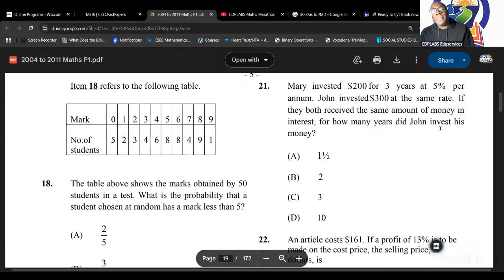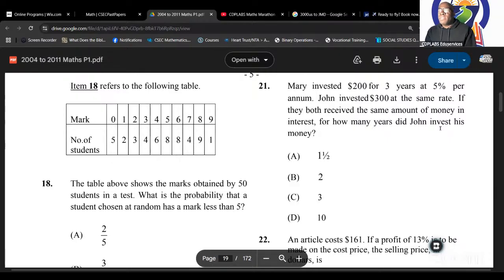You're working it out, right? Yes, sir. So Mary invested $200 for 3 years at 5% per annum. John invested $300 at the same rate.